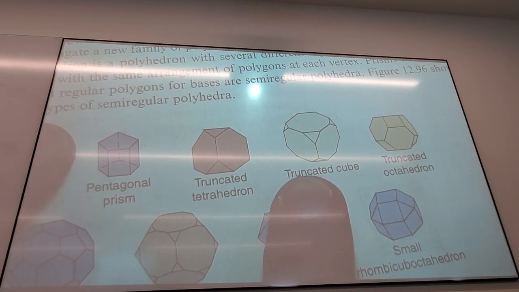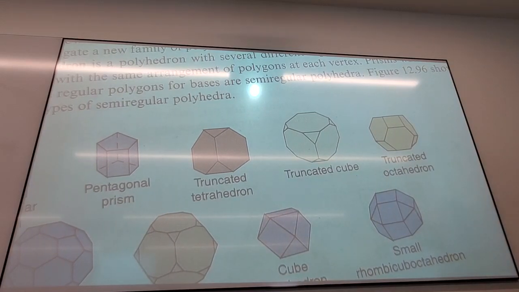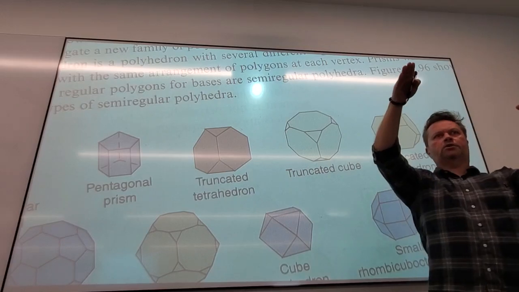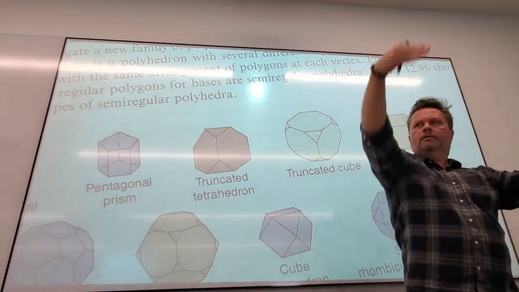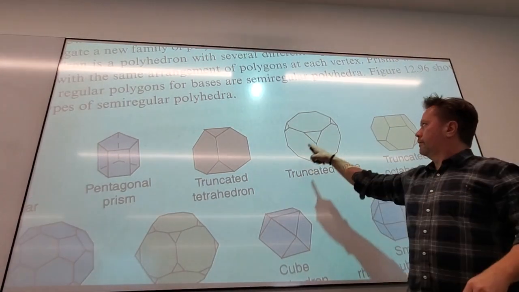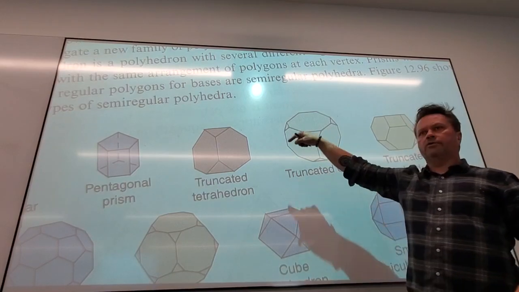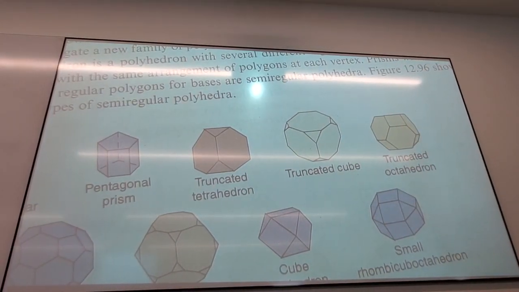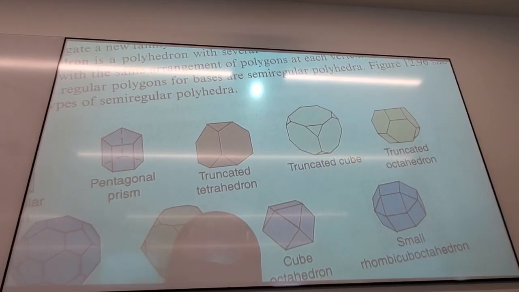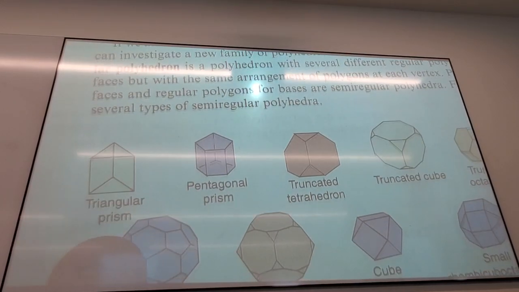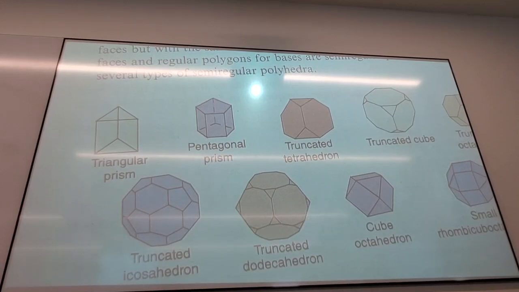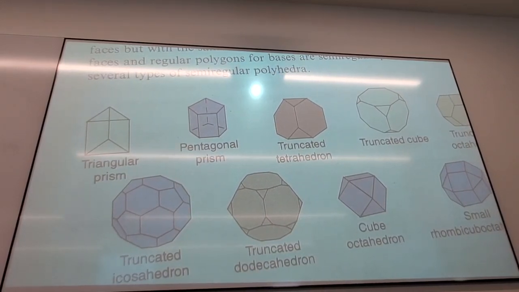So this is called a truncated cube, because you'll notice where it wants to be a vertex, there's a little triangle there. It's like somebody took a cube and chopped every vertex off and made a little equilateral triangle. You guys see that? These are called semi-regular polyhedra, because every polygon I'm using is a regular polygon, but it's not the same regular polygon.